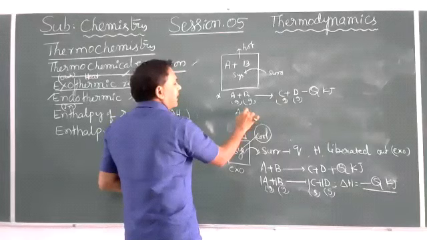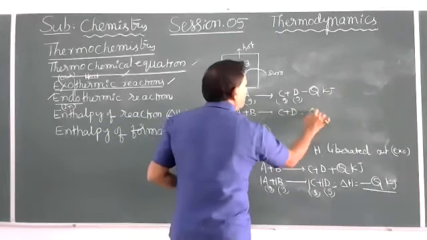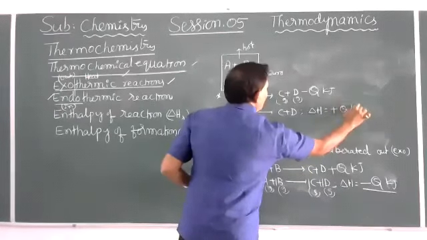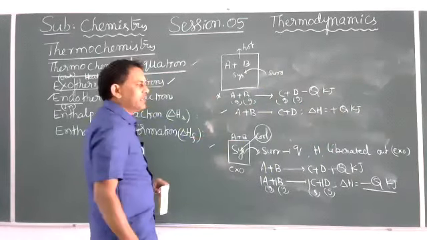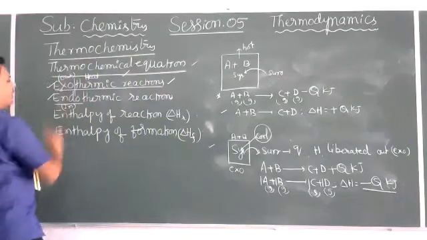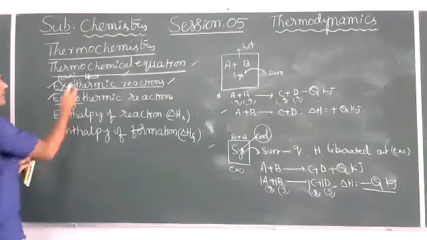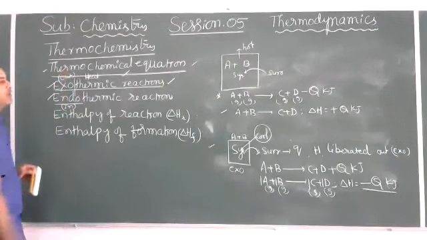Also, we can write A plus B gives C plus D, comma, delta H equals plus Q kilojoules. Heat is absorbed by the system from the surroundings. So these are the exothermic and endothermic reactions. Based on these, we look at some important features of thermochemical equations.